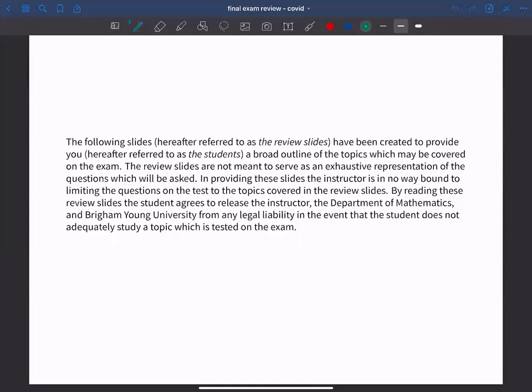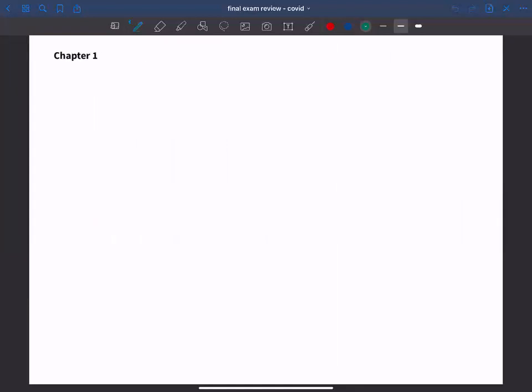But it is possible that something might show up that isn't written explicitly on this list, but is part of something that is written on this list. So I'm going to go through this list pretty quickly because I do want to get to some practice exam stuff.